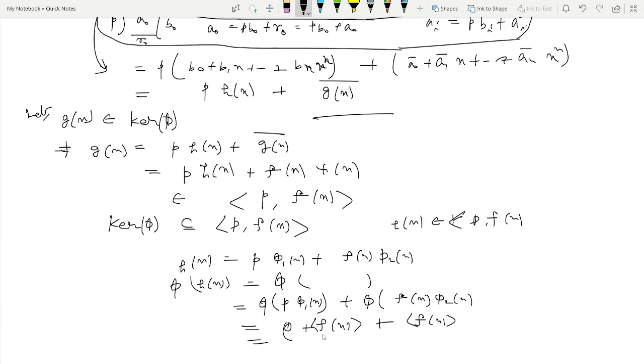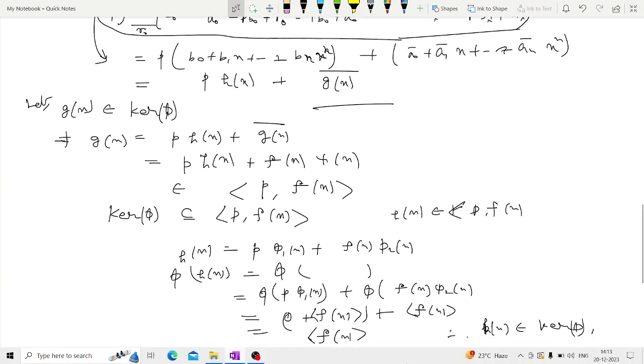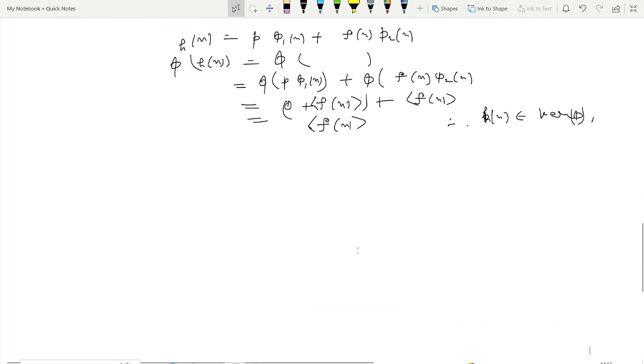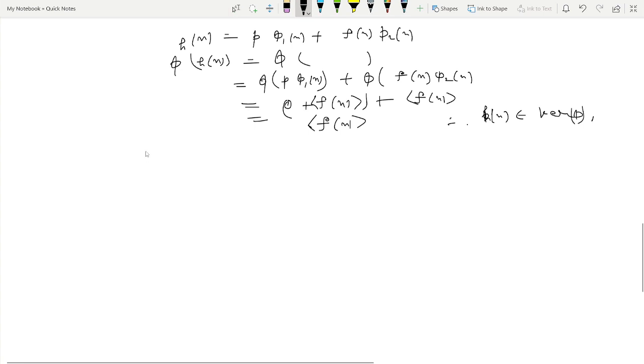So this is equal to the ideal generated by f(x), that means the identity element in the codomain. So this h(x) belongs to ker phi. So now we have ker phi equal to the ideal generated by p and f(x).